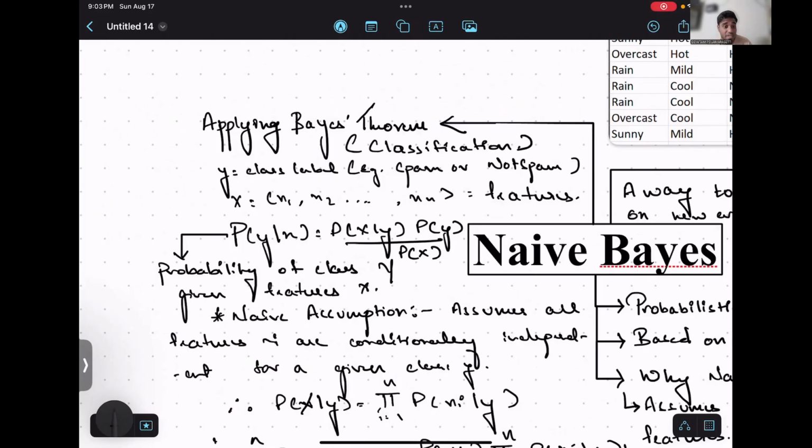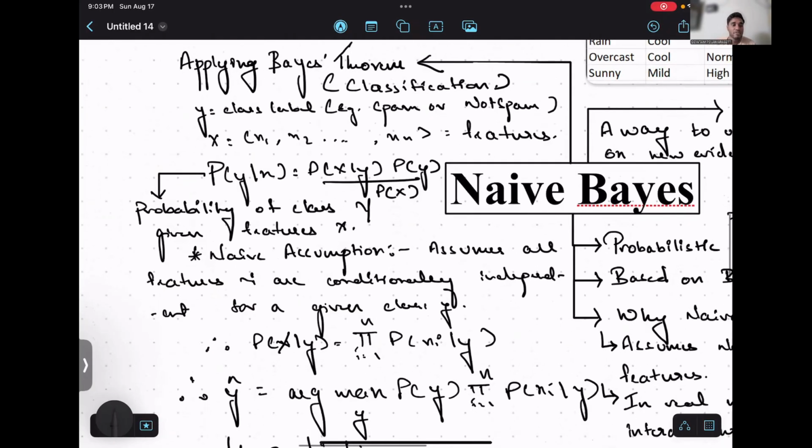So the main theory of naive Bayes is that it assumes all features are conditionally independent for a given class. We can say that the probability of features x given class y is equal to the product of the probabilities of all xi, the data points of feature x, given class y, from i equals 1 to n.